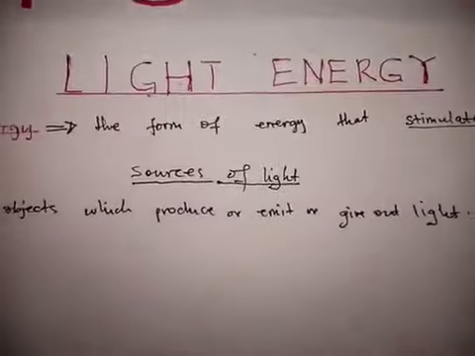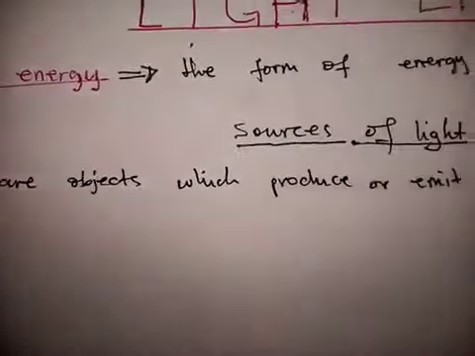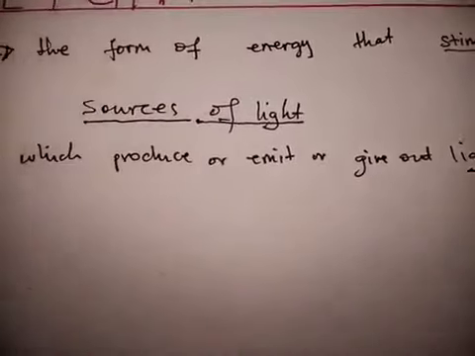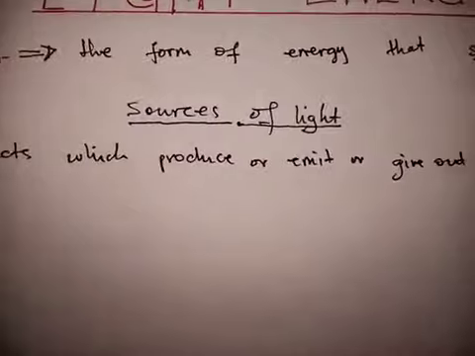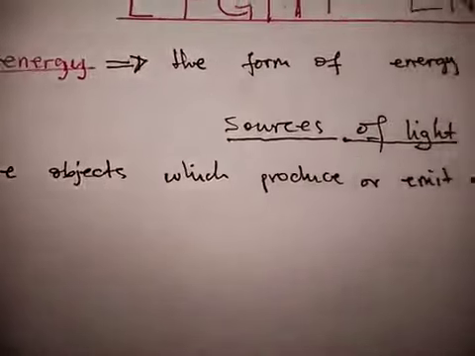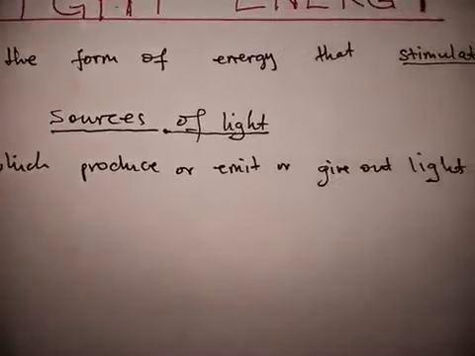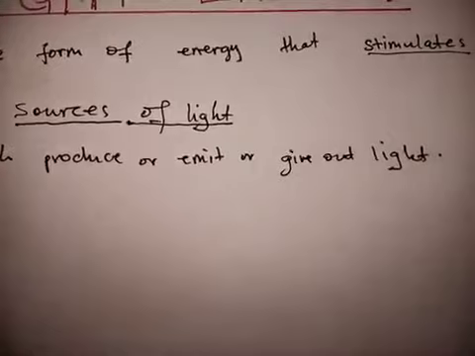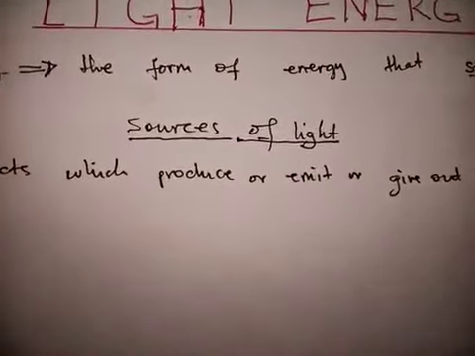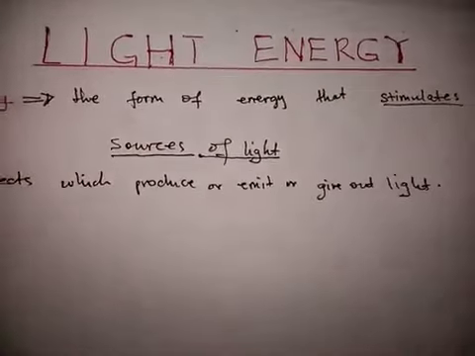So when we talk of sources of light, that is what we mean: objects which produce or emit or give out light. But when you are answering, don't use all those. You may say that these are objects which produce light, or these are objects which emit light, or these are objects which give out light. You don't need to include all those terms. So that is what we mean when we talk of sources of light.